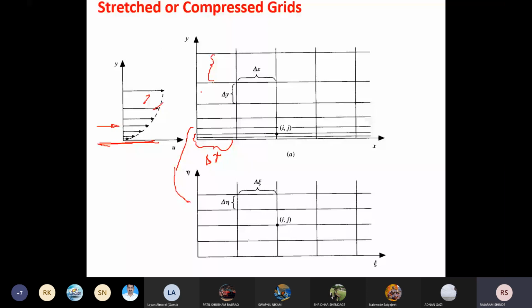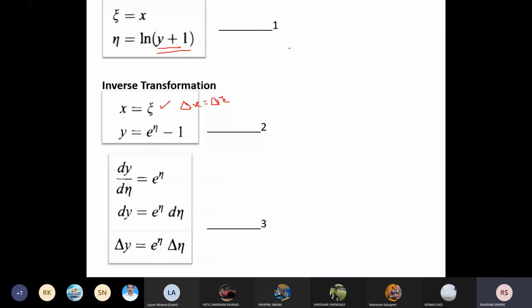Now, for finding the relation between this delta y and delta eta, I have done this process, and we got that equation, that is delta y is equal to e raised to eta delta eta.